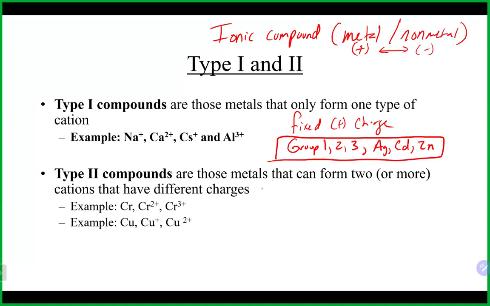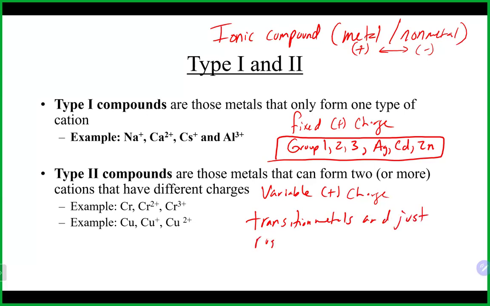These are the ones that have a variable positive charge. And again, on the periodic table, that is essentially your transition metals, and just to the right, where things like lead, tin, etc. are located underneath the staircase.